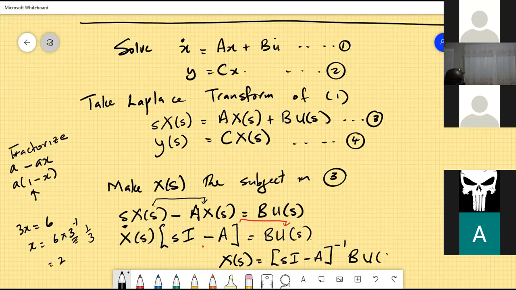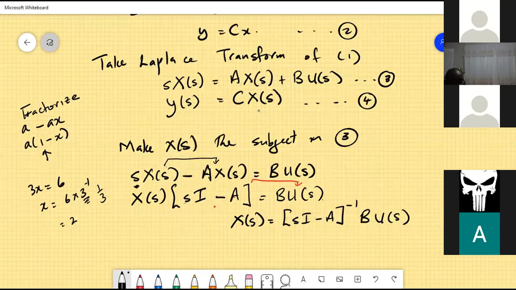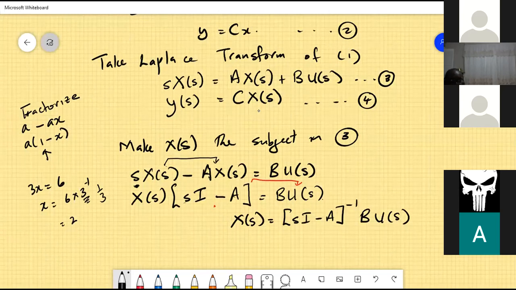U of s. And we're going to substitute that in 4.